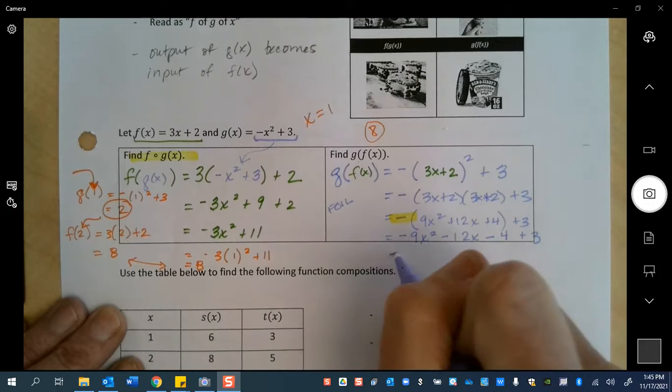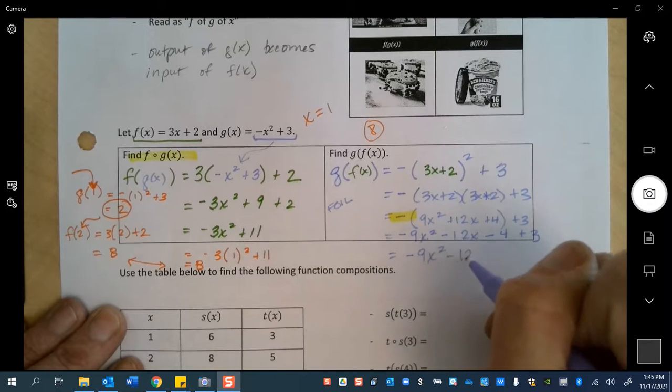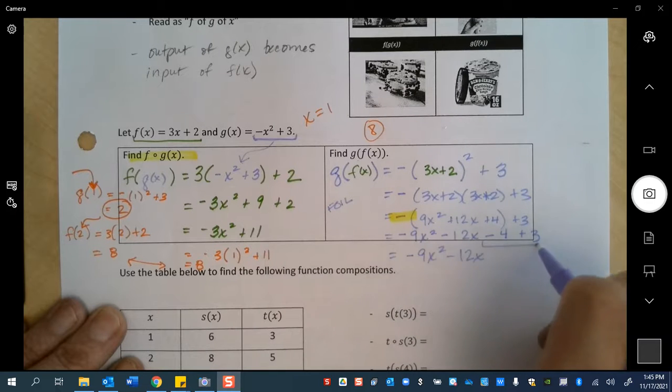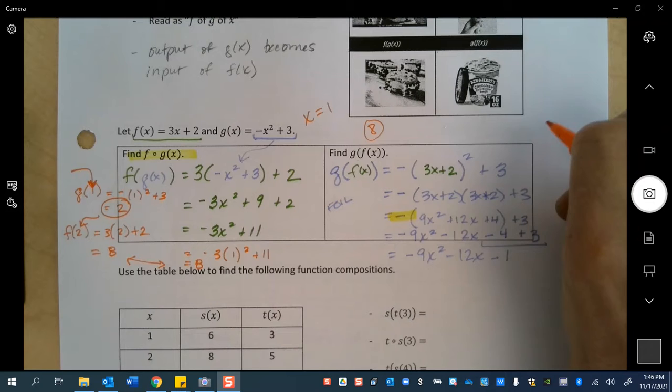So now when I summarize, I've got the opposite of 9x squared minus 12x. These two constants can be combined to minus 1. Again, if I wanted to test putting a function in, I could pick a test point like x is equal to 1. And I would have to first put it into f of x.